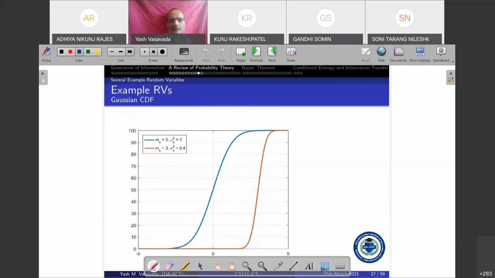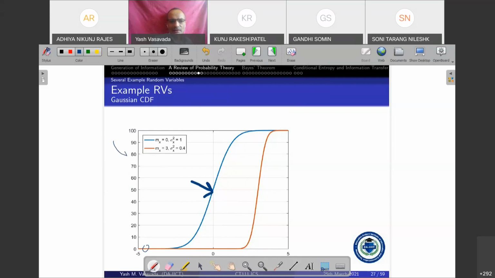And then you can integrate this Gaussian PDF and get the corresponding CDF curves. The observation again here is that these are monotonically increasing. They are never decreasing. And the second observation is that they go from a value of 0 at minus infinity to a value of 1 at plus infinity.